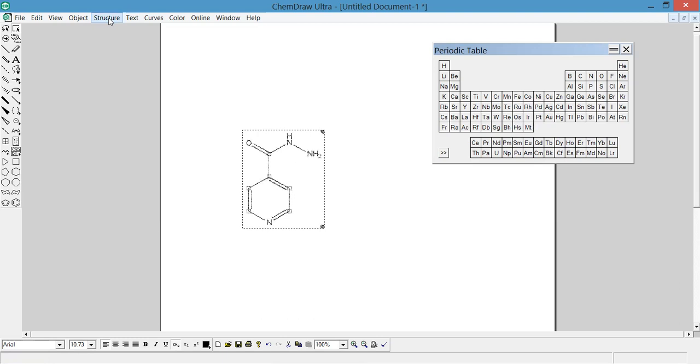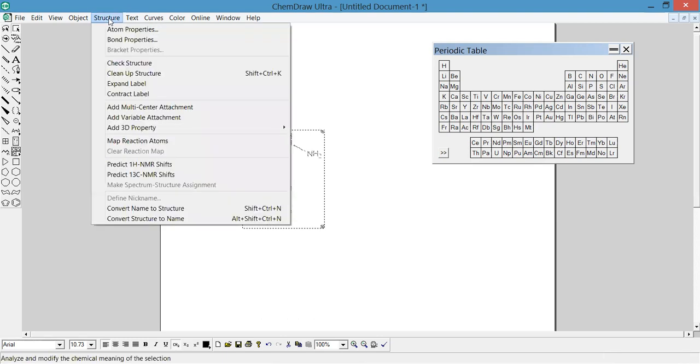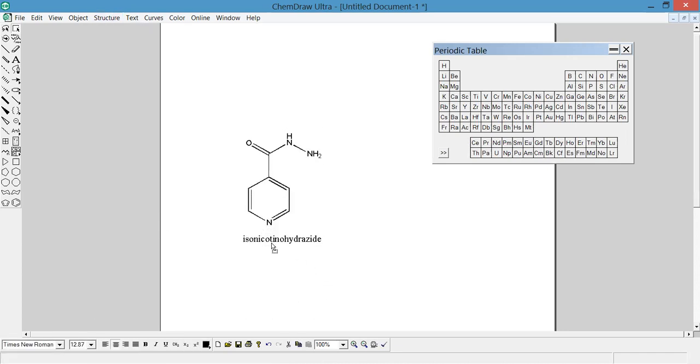Now go to the structure toolbar, then go to convert structure to name. You will get the IUPAC nomenclature of that compound, that is isonicotinohydrazide.